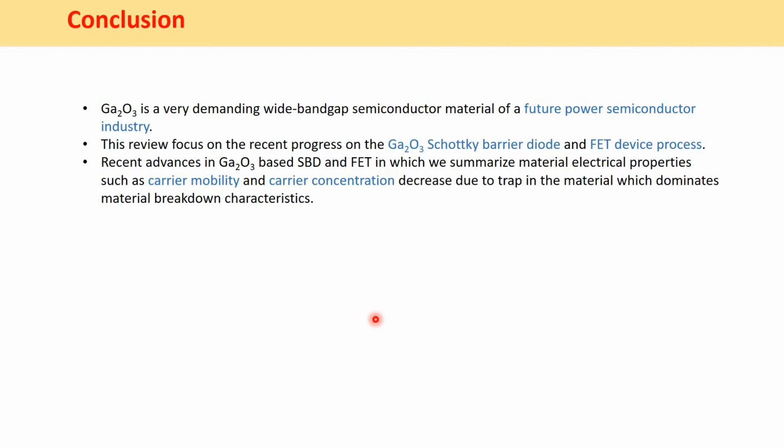In conclusion, gallium oxide is a very demanding wide bandgap semiconductor material for the future semiconductor industry. This review mainly focuses on gallium oxide Schottky barrier diodes and FET devices.